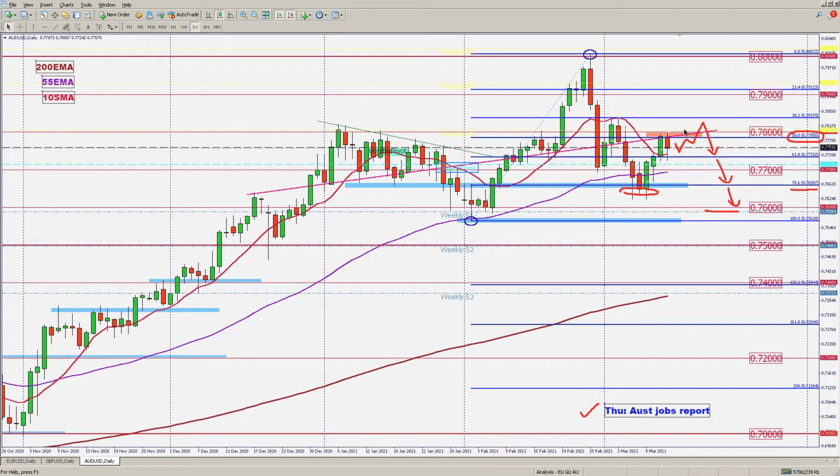If it's able to break out higher, the next key resistance is at the 38 retracement. But at the moment, it's not looking good for all the major pairs. If the US dollar continues its climb, it could be it's just going to consolidate as well.